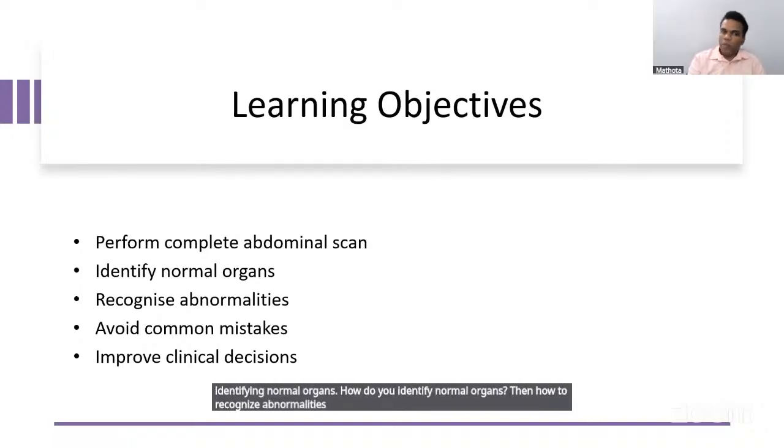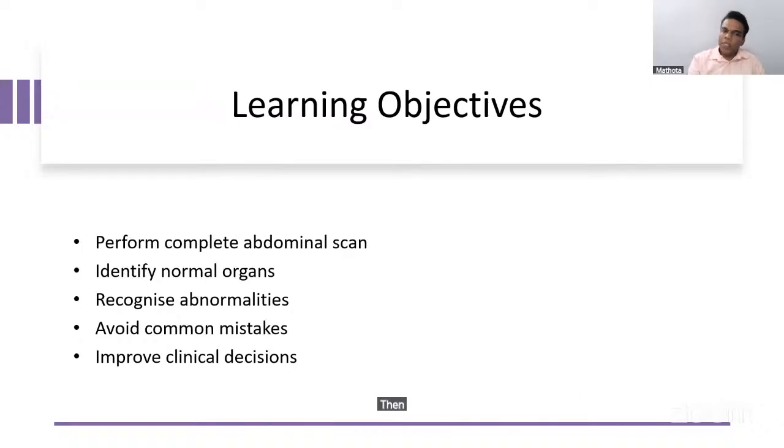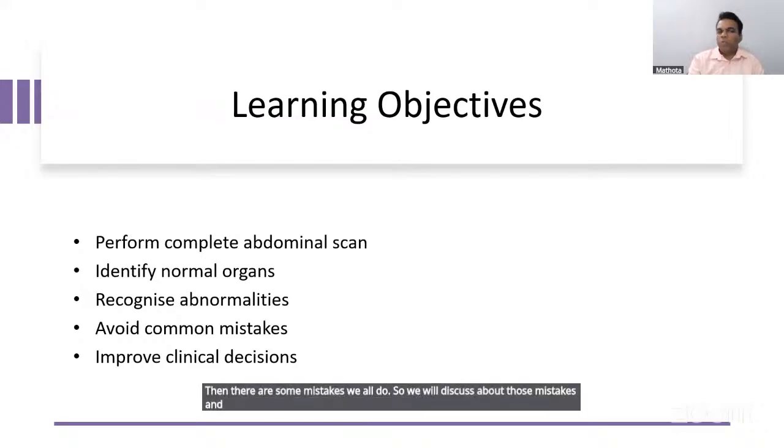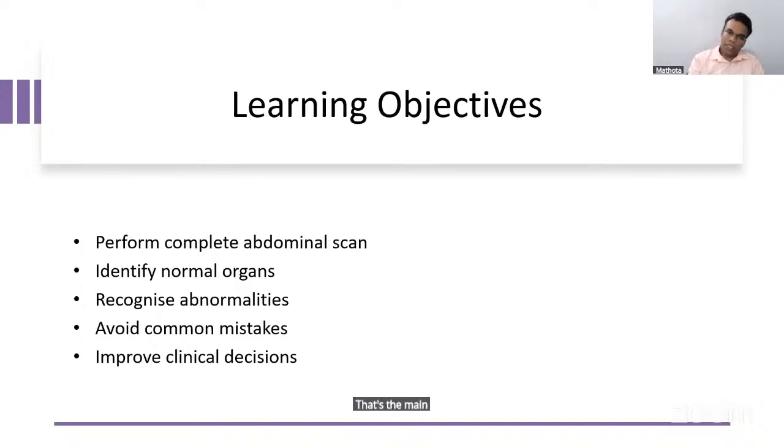I'll describe those abnormalities with images. Then there are some mistakes we all make, so we will discuss those mistakes and how to avoid them. Then we can discuss how to improve the clinical decision using ultrasound. That's the main objective of today's presentation.